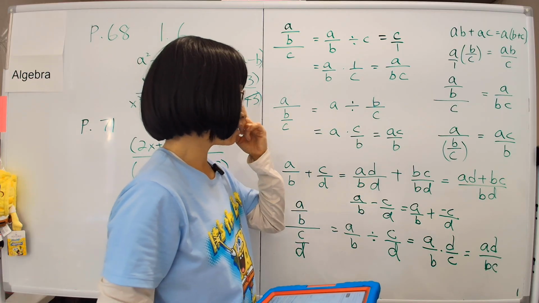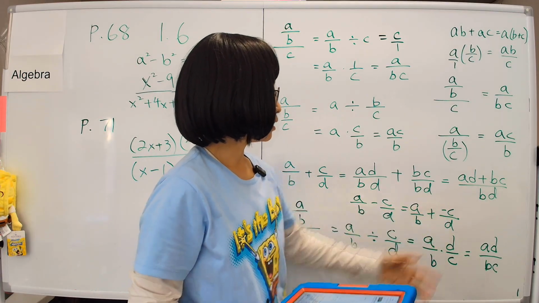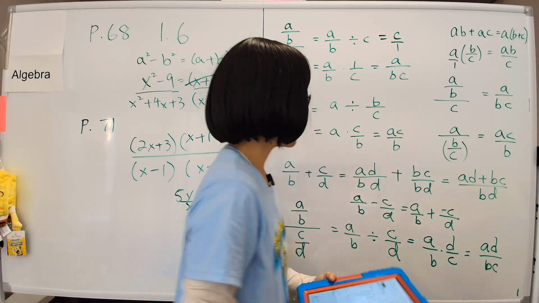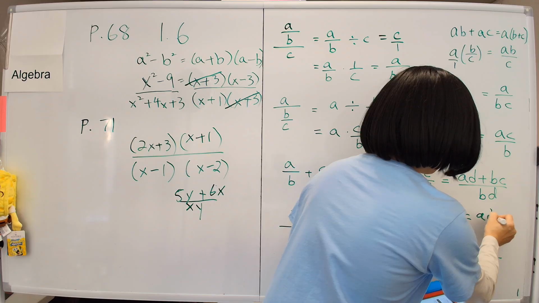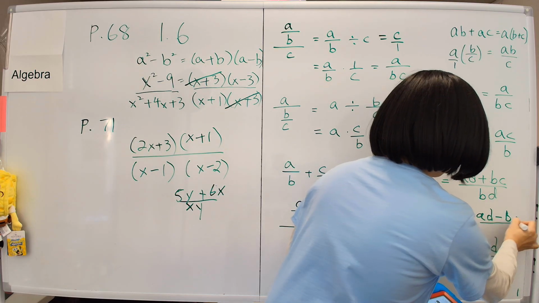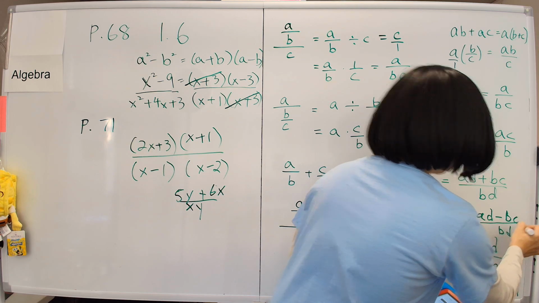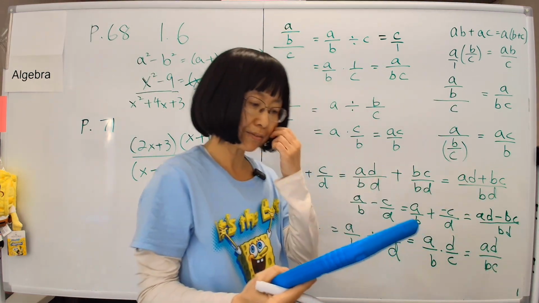That is, if a over b minus c over d, then you end up changing the sign here. Why don't I just write that down? That equals ad minus bc over bd. So the sign simply changes right along, and otherwise everything is the same.